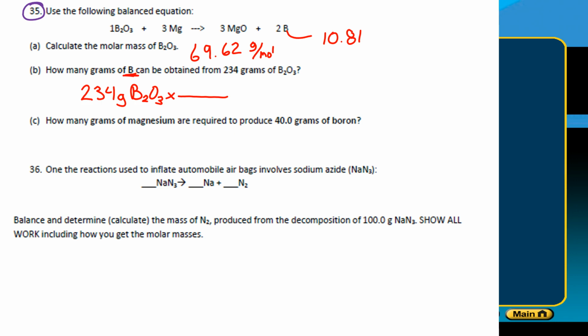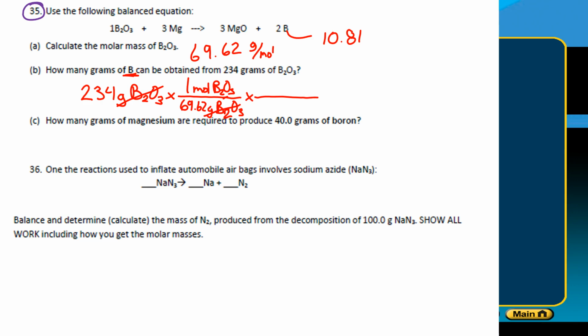Get to moles. That's what I'm looking for. So I want to get to moles of boron oxide, and so I'm going to divide it by the molar mass of it, 69.62 grams of boron oxide. So that allows me to get rid of the grams. Now I'm in moles of boron oxide.